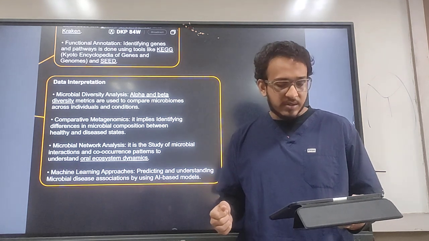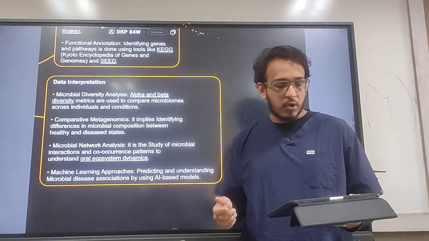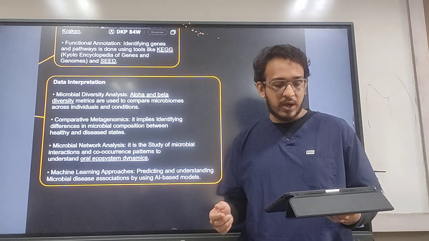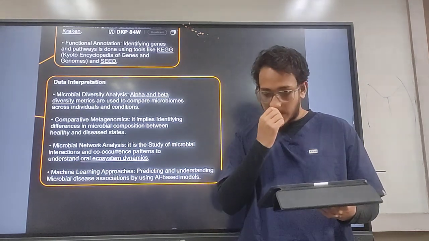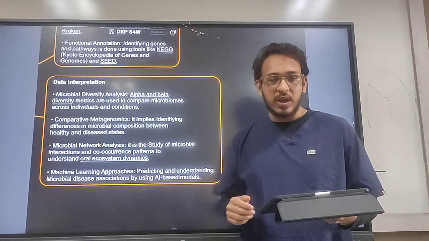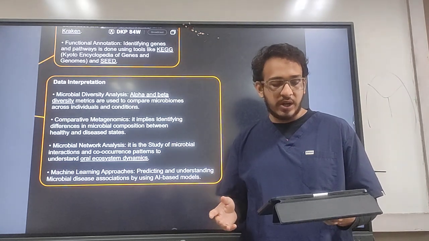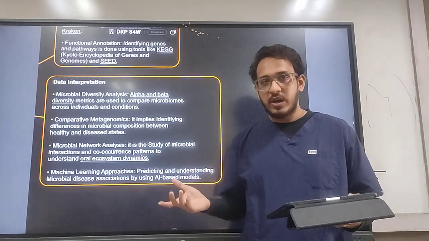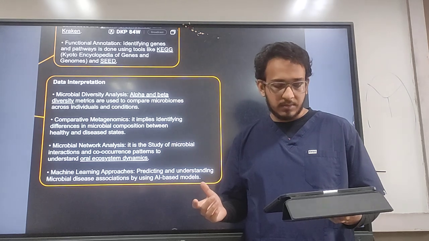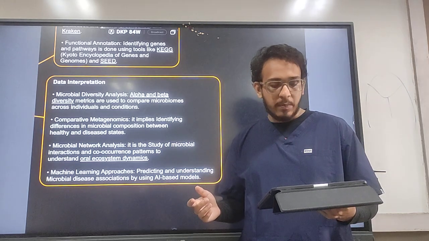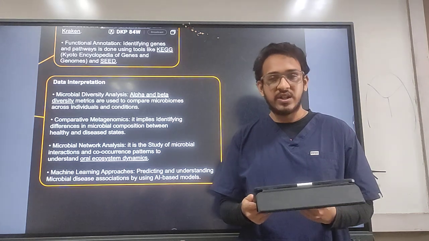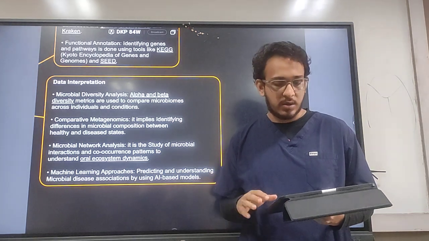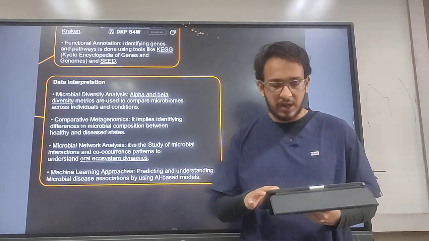Comparative metagenomics implies identifying different microbial composition between healthy and diseased states. Then the microbial network analysis helps to study how microbe interactions occur and the patterns of co-occurrence of interaction to understand the ecosystem of the microbes.